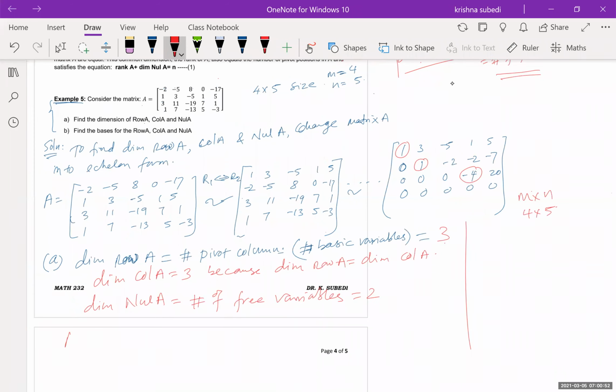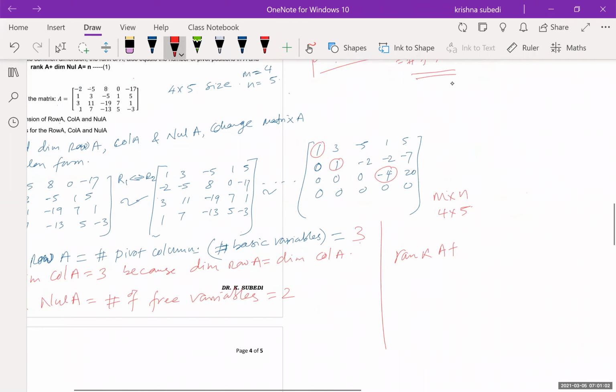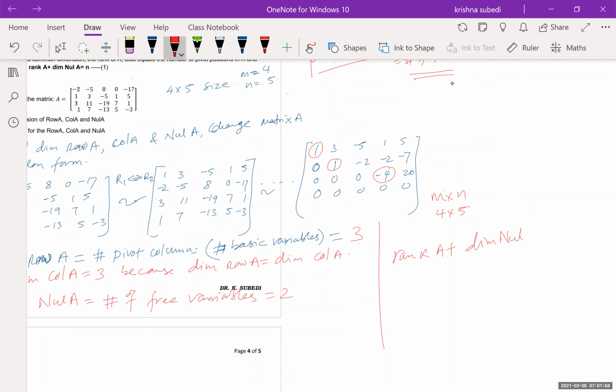Alternatively, the theorem tells us that rank of A plus dimension of null A equals n. So rank of A we already found is 3, dimension of null A we need to find, and n we already know is 5.